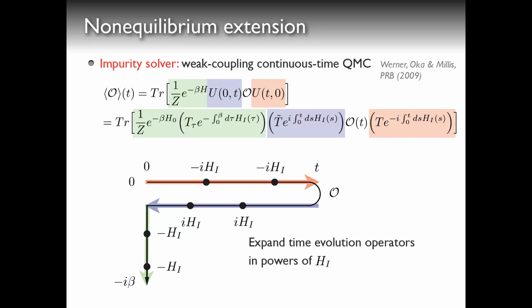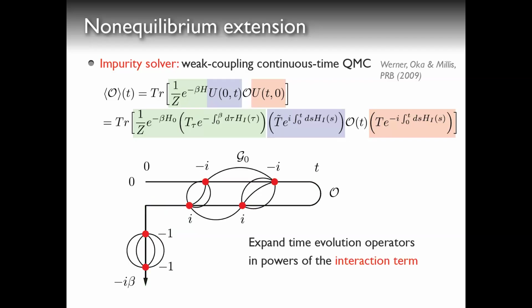Because the time propagation from one of these operators to the next is given by the quadratic part h0, we have a Wick theorem, and we can integrate out the bath degrees of freedom. Then we end up with these weak coupling diagrams where we have interaction vertices connected by these non-interacting Green's function lines. And then we can add up families of such diagrams into determinants and sample these determinants as we do in equilibrium continuous time Monte Carlo.